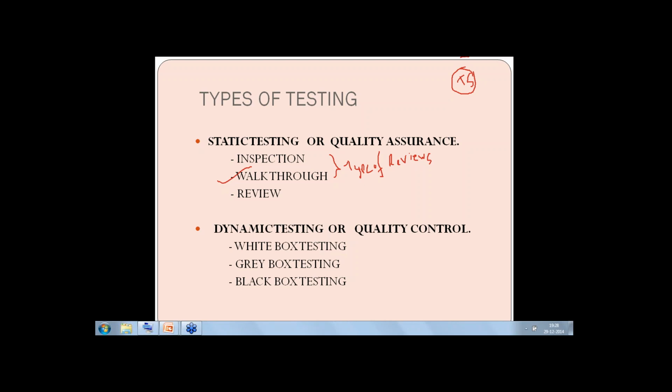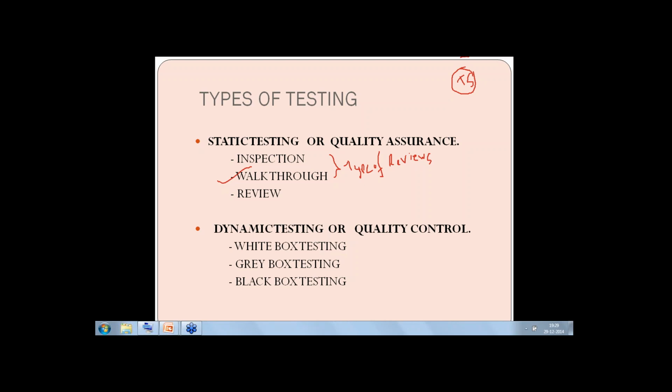You place that particular document in front of the walkthrough team. The walkthrough team can consist of testing team members, development team members, or the client also. Why does the client get involved? If you have got an outsourced project from the client, then you also have to involve the client in the walkthrough. A walkthrough can happen on an everyday basis, at a specific time.